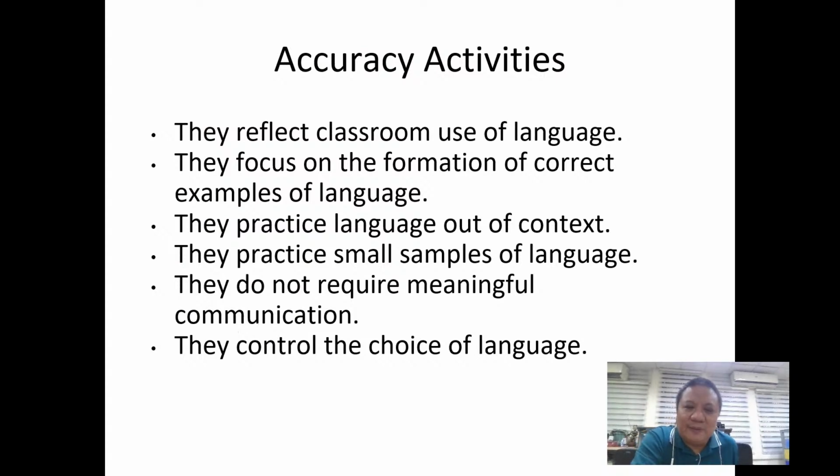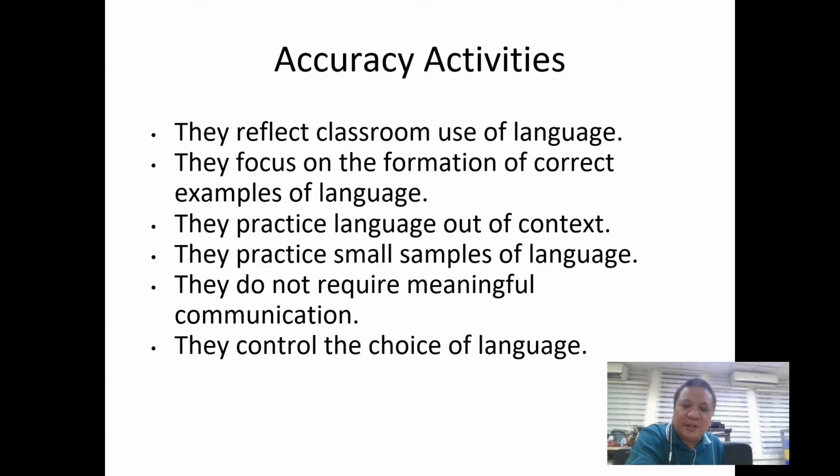So, here are characteristics of accuracy activities. Accuracy activities reflect classroom use of language. Accuracy activities are like using language in a classroom. They focus on the formation of correct examples of language.